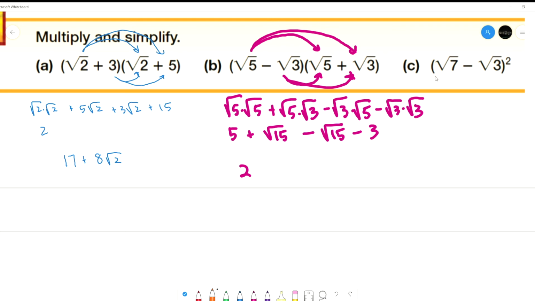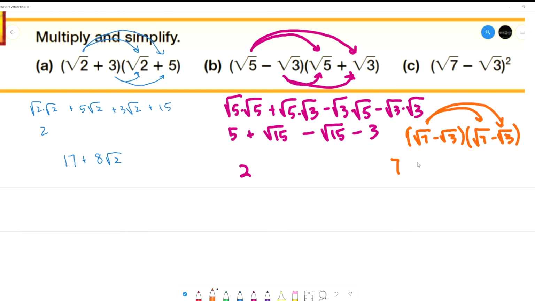All right, last one, I'll just write it out here. We have to expand it, right? So radical 7 minus radical 3 times radical 7 minus radical 3. So you could do it two ways, right? The first way is to do it by FOILing. So the first term here is radical 7 times radical 7 is 7.